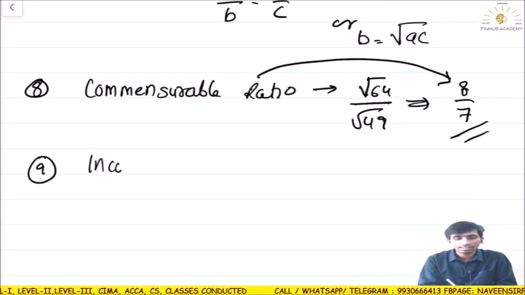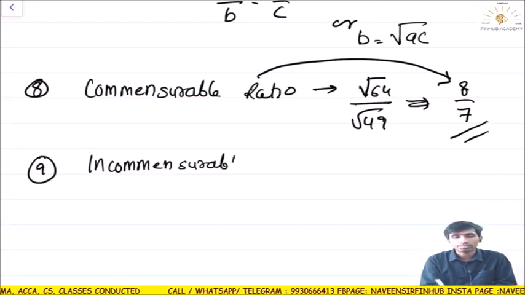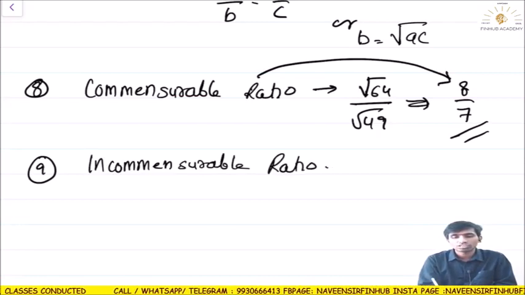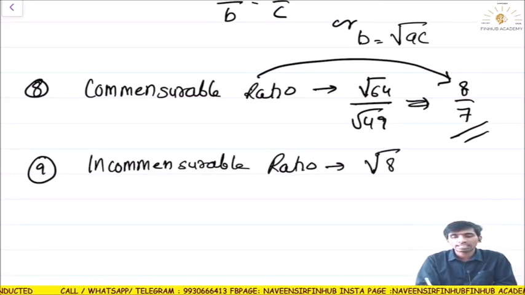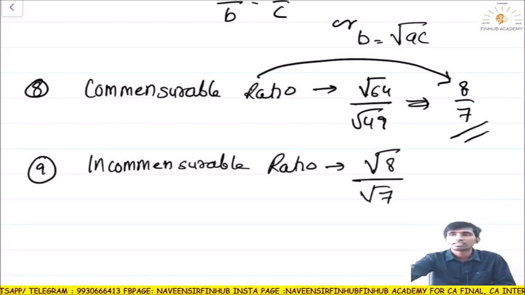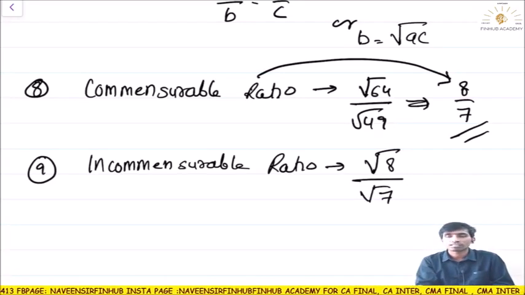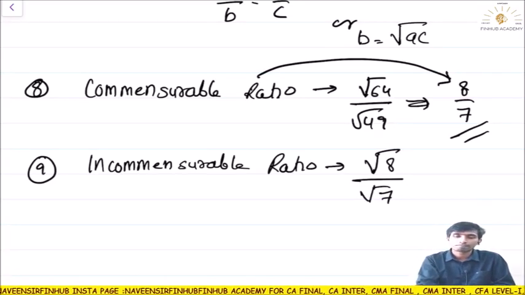Incommensurable means which is not commensurable. Incommensurable ratio is one which can't be simplified further; you can't take the root right now. Done? Okay.